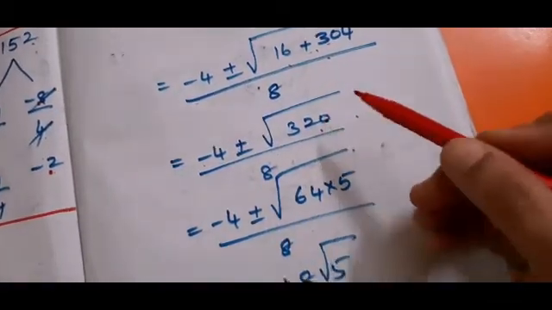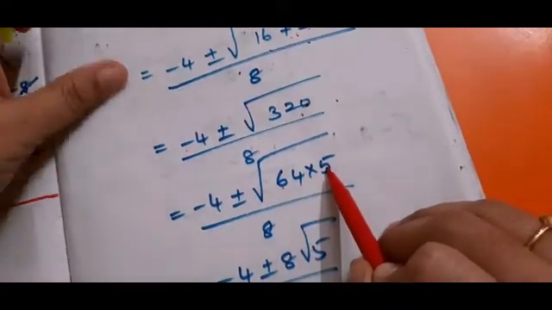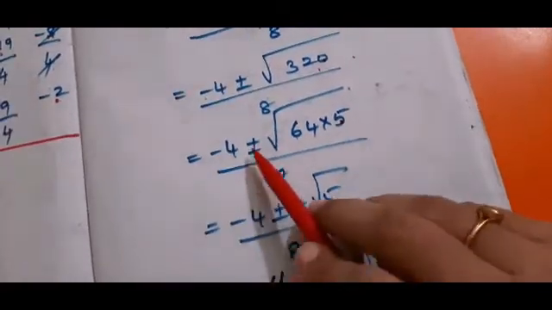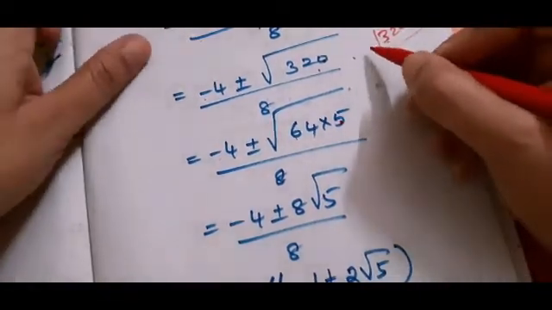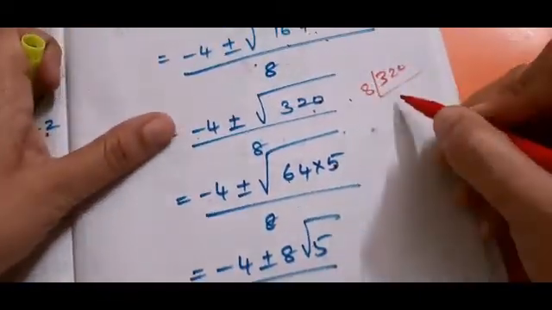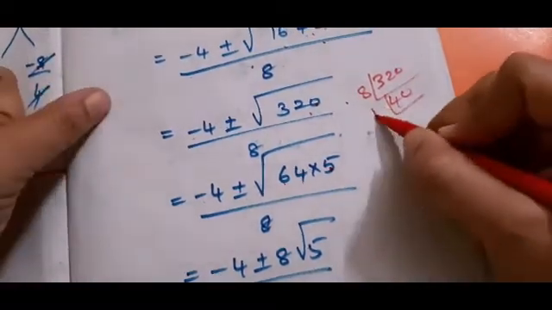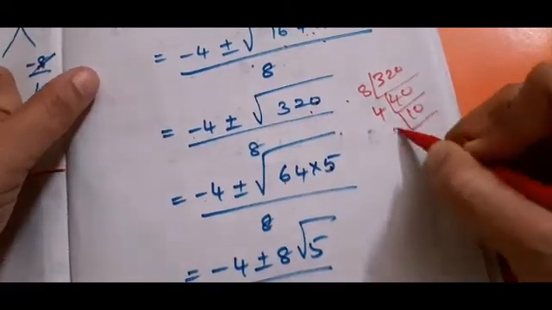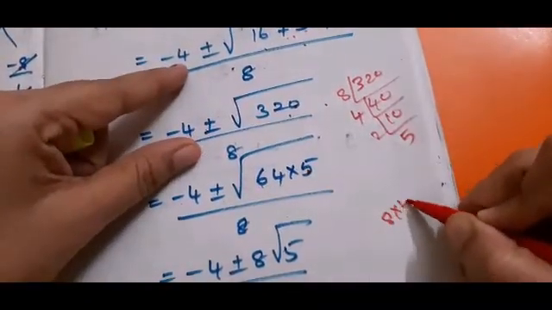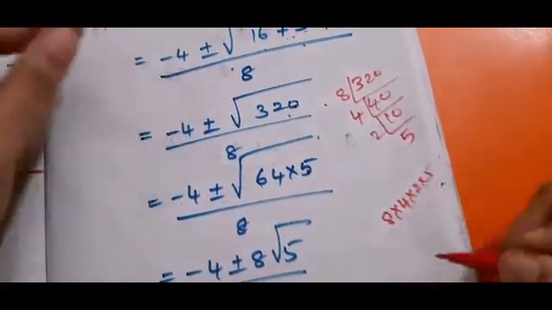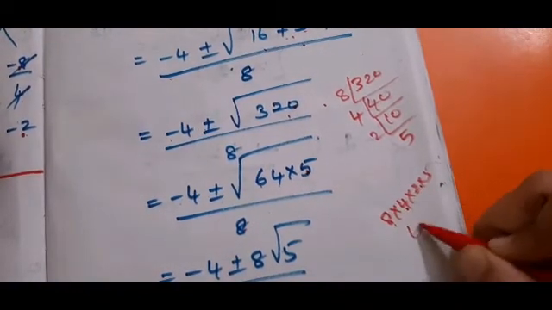So, 320 can be written as 64 into 5. That is 8 fours are 32, 32 twos are 64, into 5.